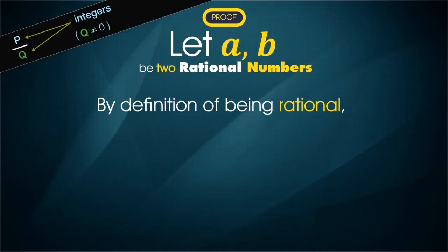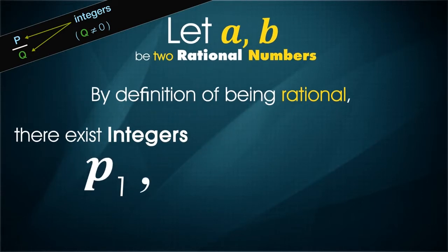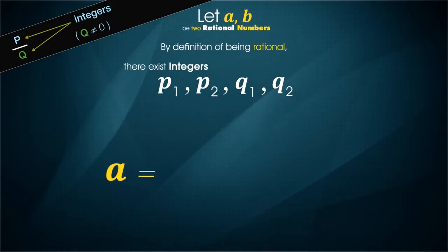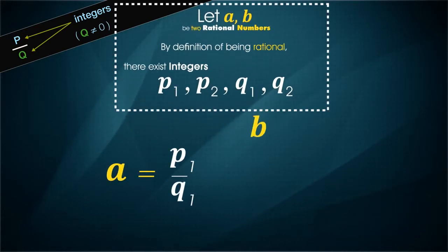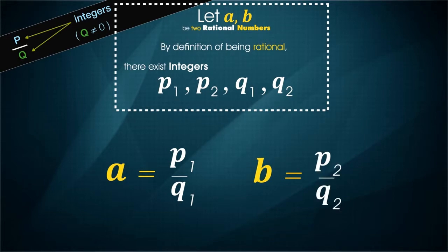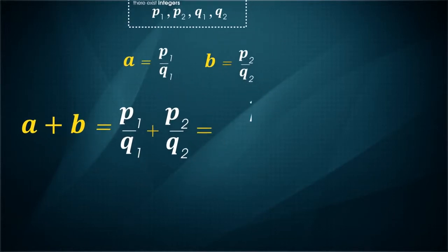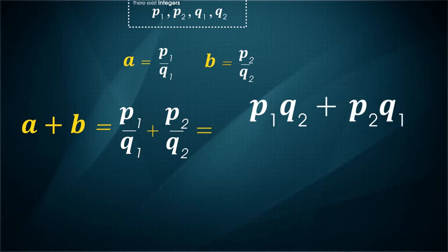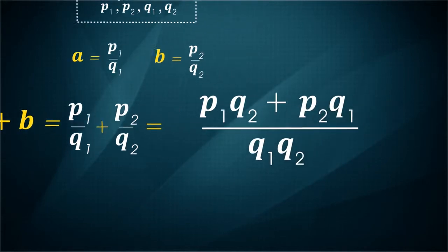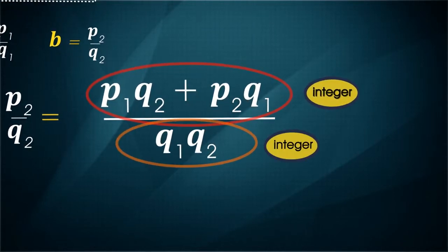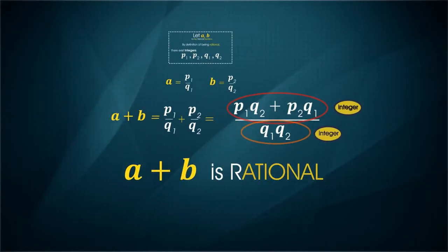By definition of being rational, there exist integers p1, p2, q1 and q2 such that a equals p1 over q1 and b equals p2 over q2. Then a plus b equals p1 over q1 plus p2 over q2, which simplifies to p1 q2 plus p2 q1 over q1 q2. Since p1 q2 plus p2 q1 and q1 q2 are still integers, a plus b is rational.